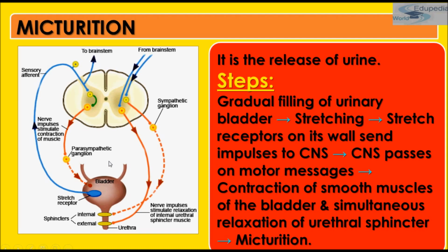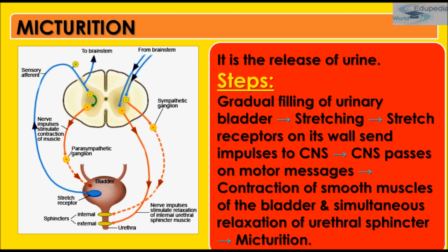Now, what is the function of the parasympathetic nervous system? It helps in the stimulation of this nerve. It causes contraction of the detrusor muscle and relaxation of the internal sphincter, and thus it leads to emptying of the bladder. So the parasympathetic nerve is called the nerve of emptying or the nerve of micturition.